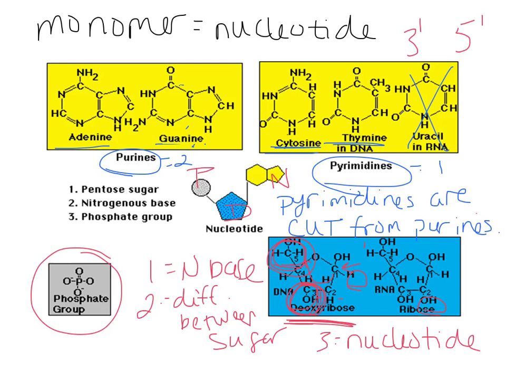But it does allow you hopefully to remember that my pyrimidines are 1-ring structures. My purines are 2-ring structures. I also think about it that the longer the word, the smaller the structure is. With my purines, the shorter the word, the bigger the structure is. So my pyrimidines are cut from purines, and you'll notice the word cut is capitalized. Pyrimidines are cytosine, uracil, thymine from purines, and so that leaves adenine and guanine to be our purines.